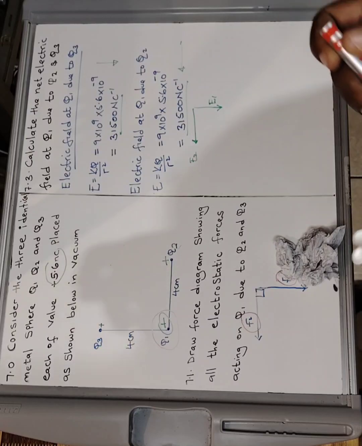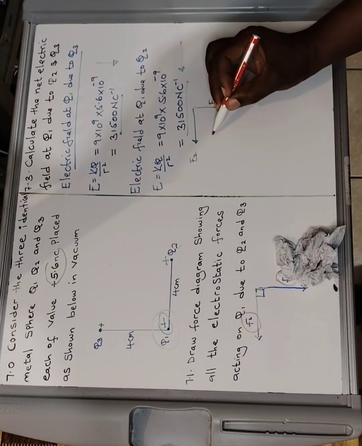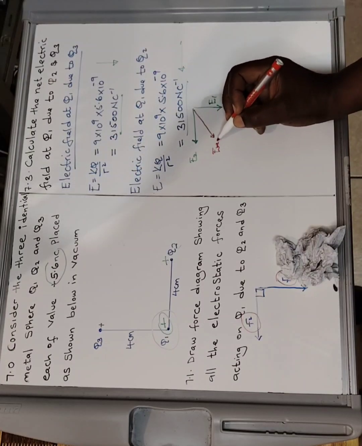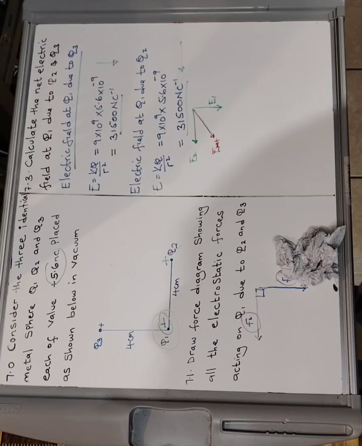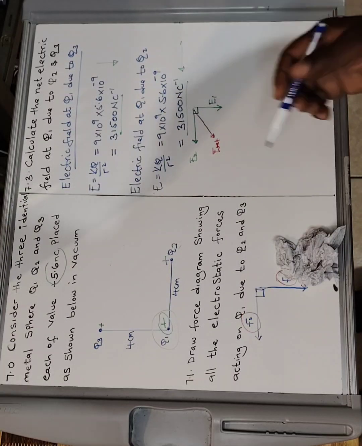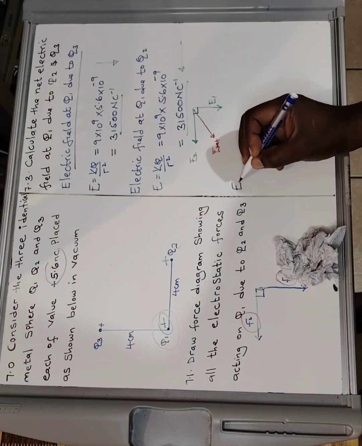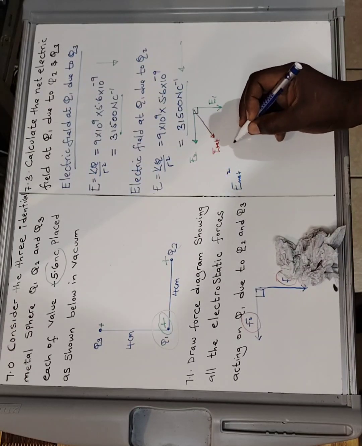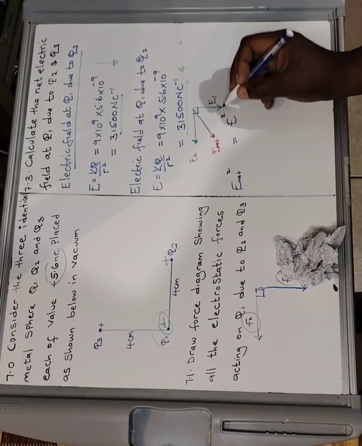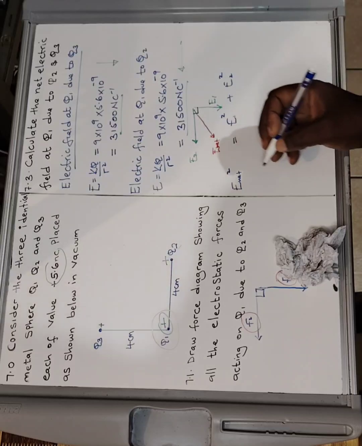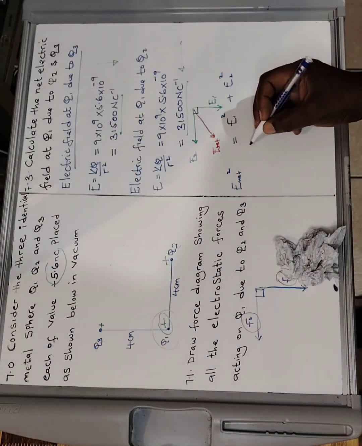Now with those two, we know that our E net is here. We have to remember that these two are meeting at right angle. So we use Pythagoras, saying E net squared is equal to E1 squared plus E2 squared. We are looking for E net.